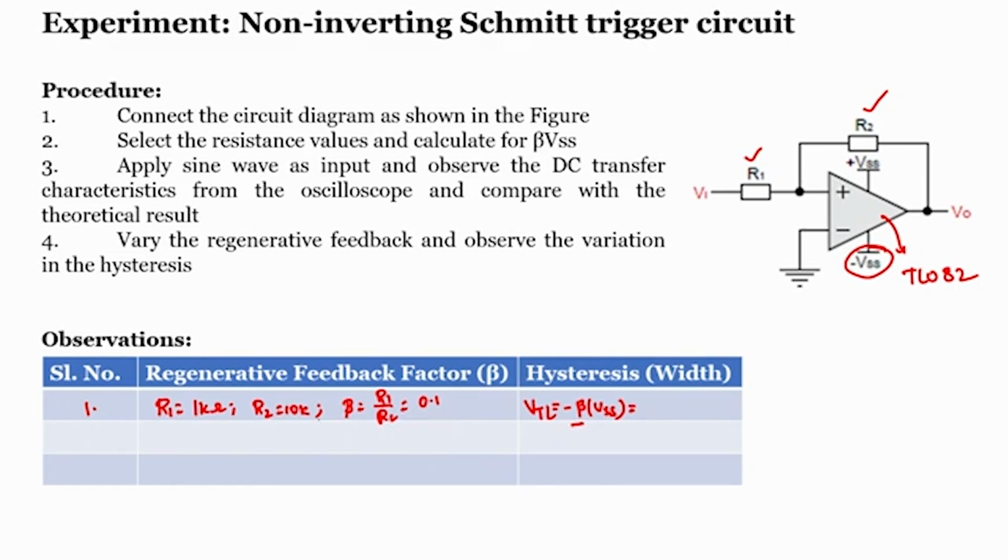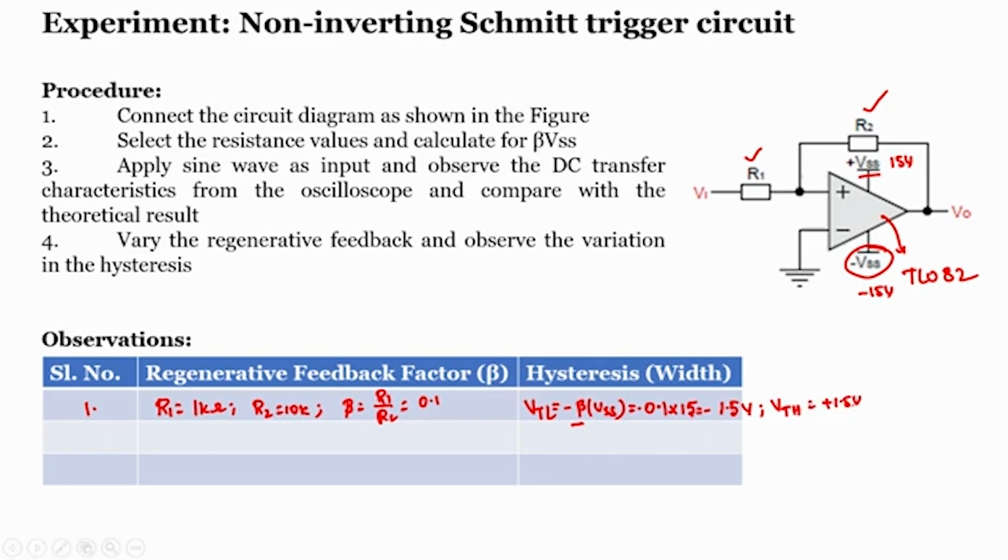Since beta depends on R1 and R2, and from the calculation it is 0.1, and we will be operating with plus 15 volts and minus 15 volts, VSS will be 15, and since it is minus VSS, it is minus 1.5 volts, which is the lower threshold value. Similarly, the higher threshold value VTH I am representing as plus 1.5 volts.